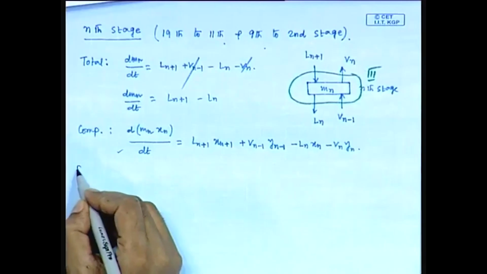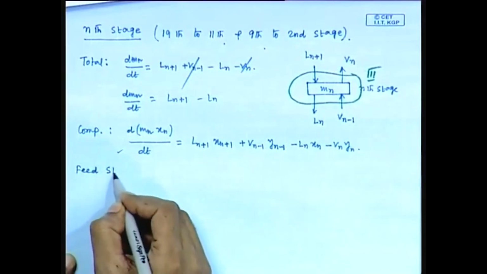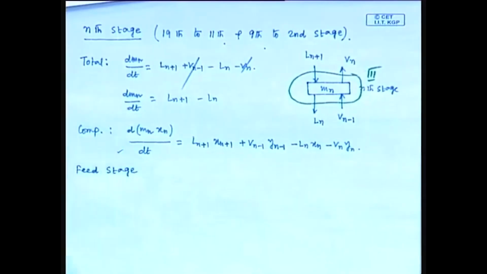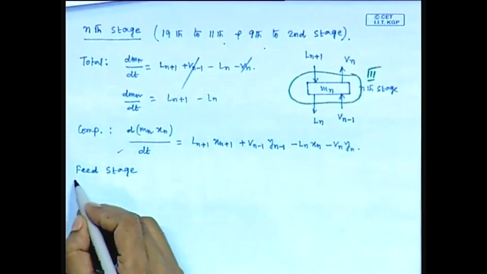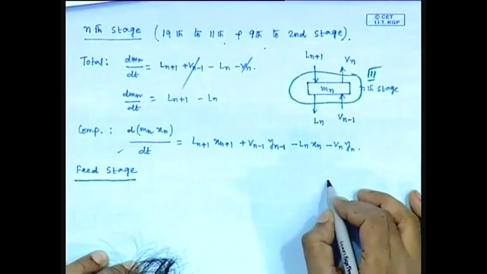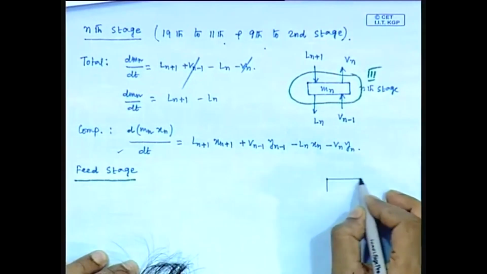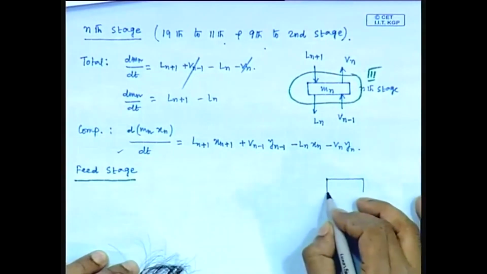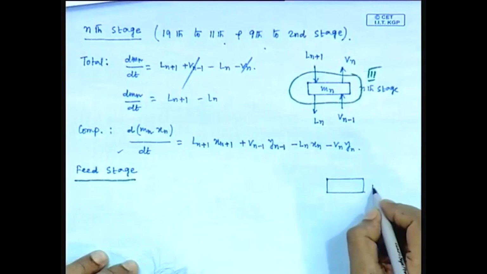So, now we will consider the feed stage. We will derive the total mass balance and component mass balance for the feed stage. So, first we have to draw the feed stage. This is the feed stage, that is basically 10th stage.